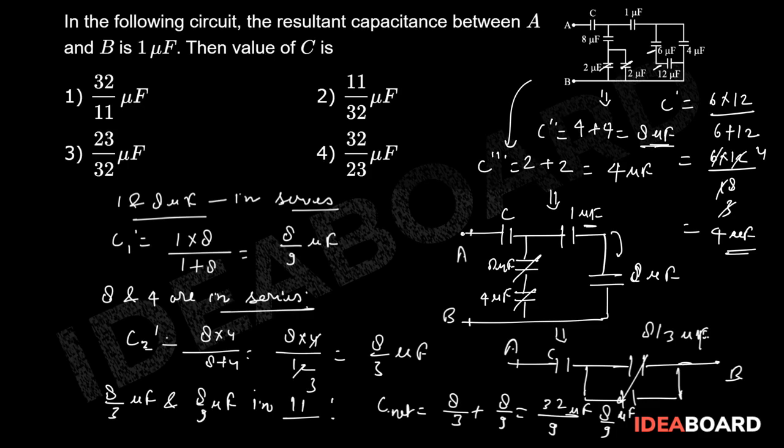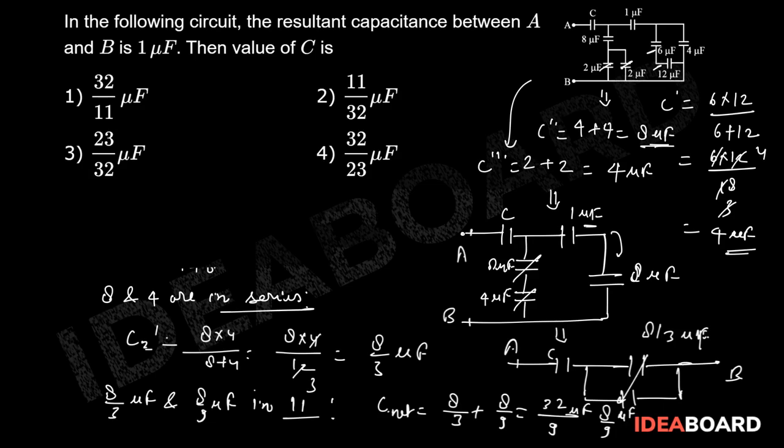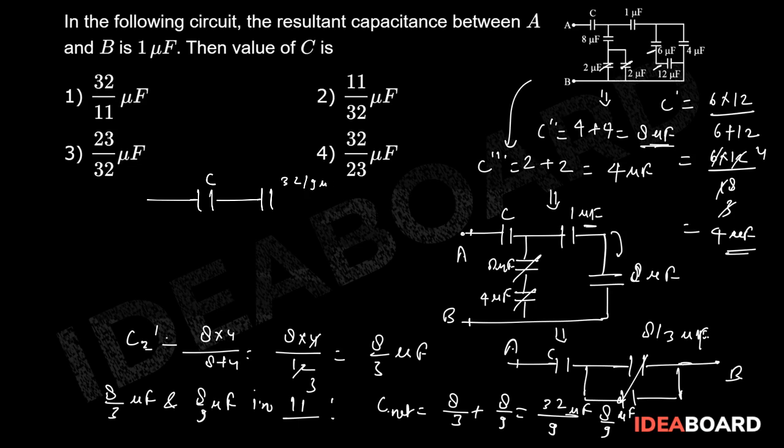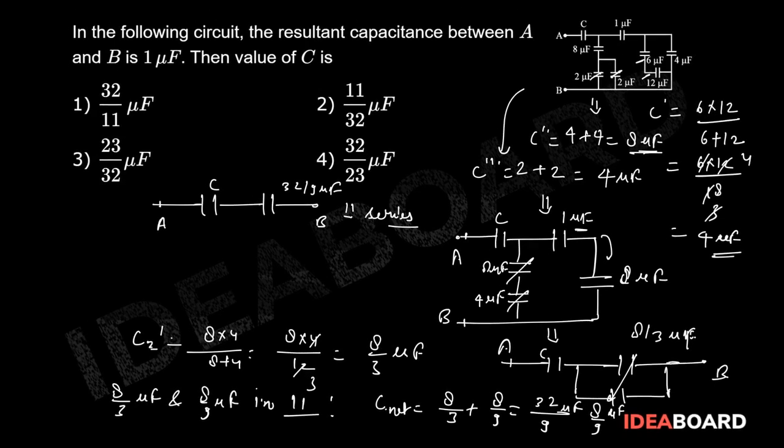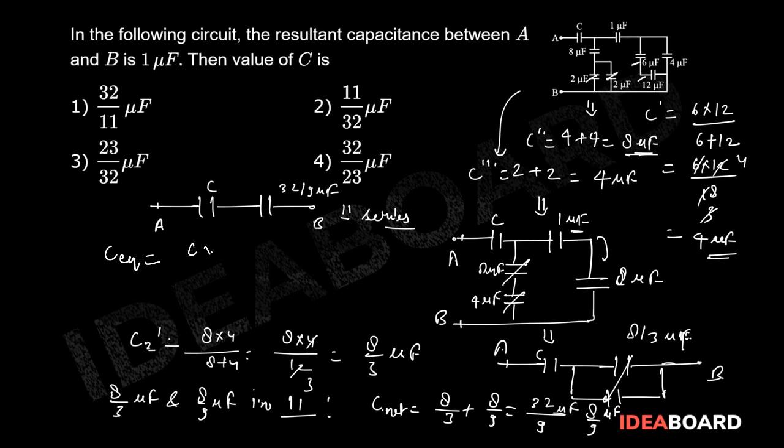Finally, we got the simplest circuit diagram which will be having C and 32 by 9 microfarad between A and B, and now these two are in series, right? So the net circuit diagram will be C equivalent will be C into 32 by 9 divided by C plus 32 by 9, and the final value of C equivalent, which is provided in the question, 1, right?